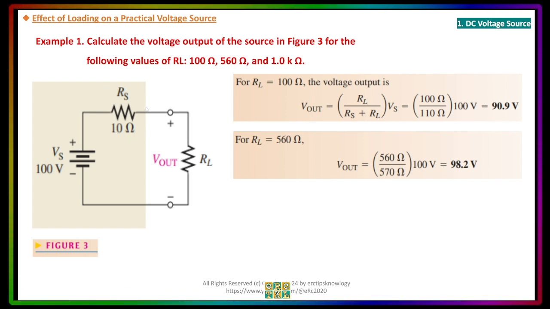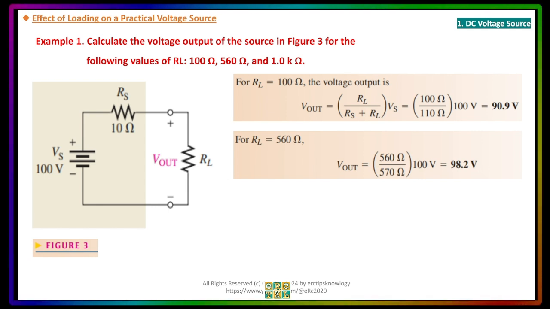In comparison with the first RL of 100 ohms, when we increase the RL to 560 ohms, from 90.9 it becomes 98.2, which is good because the amount of voltage taken by Rs is now getting lower. From 9.1 volts, it becomes only 1.8 volts.